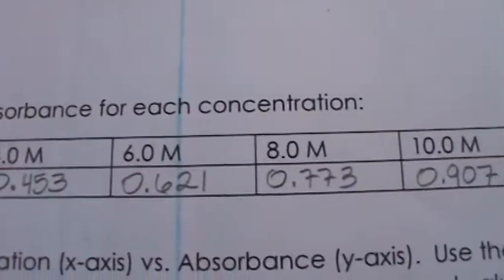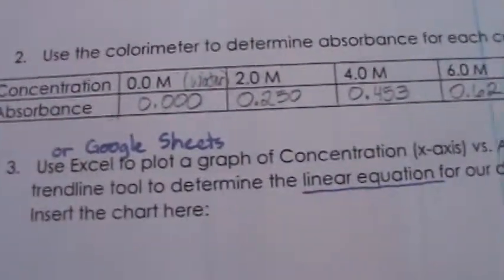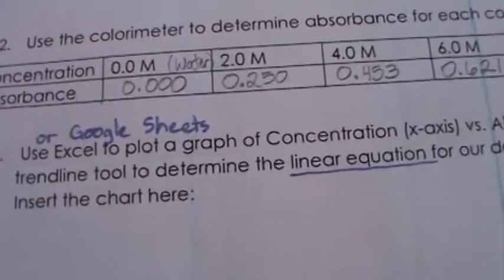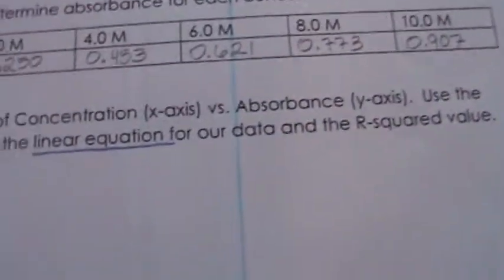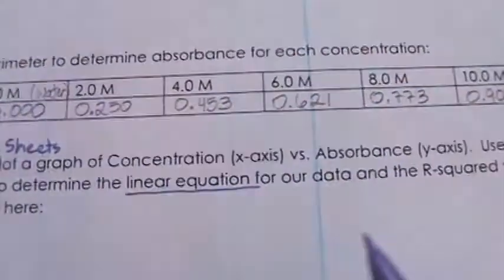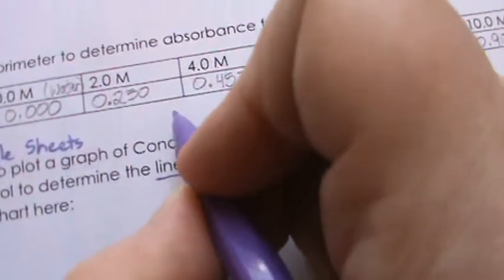All right, now all you're going to do is you're going to take these values. Concentration is on your x-axis, absorbance is on your y-axis. You're going to use Excel or Google Sheets to plot this data. Just like before in lab 3, you're going to use a scatter plot.